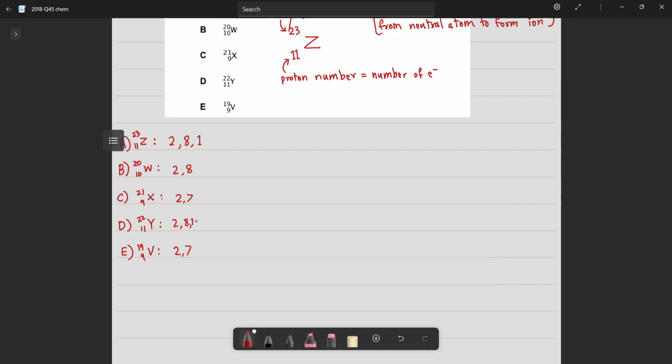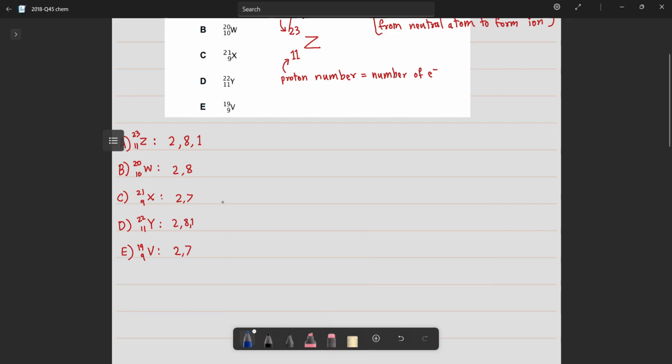What we can also deduce from this is that some of the given options have the exact same electronic configuration but different atomic mass, which means these atoms are isotopes of each other.